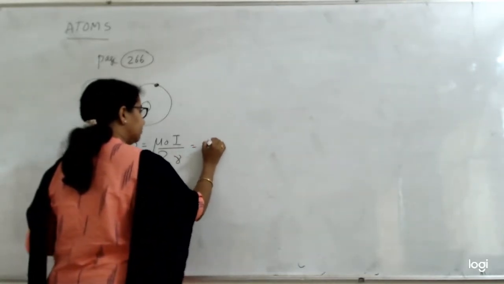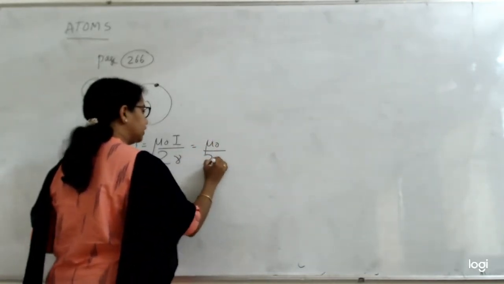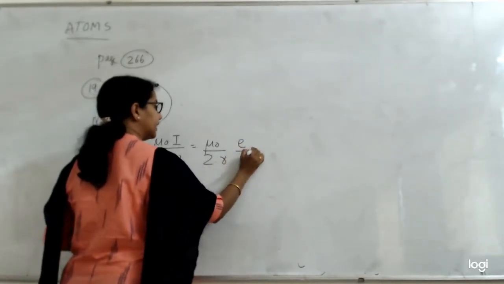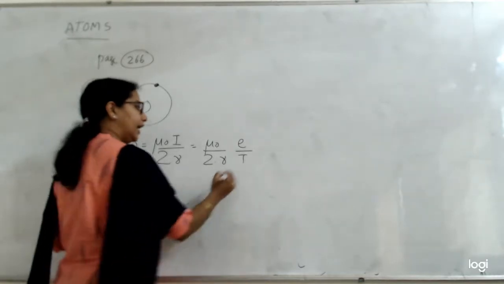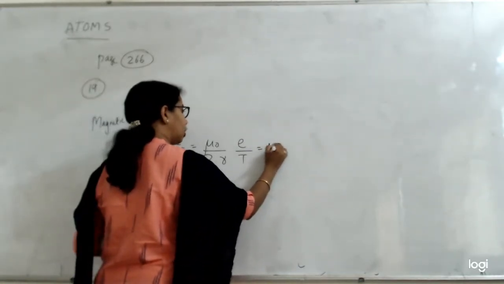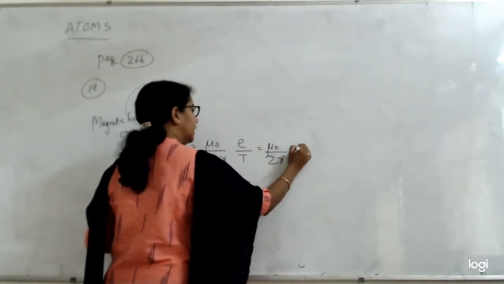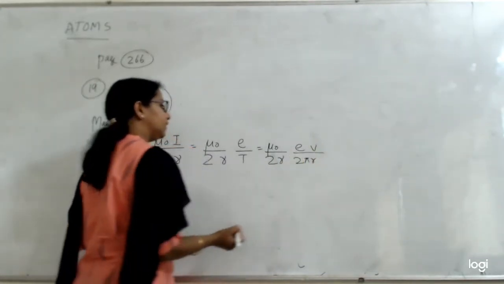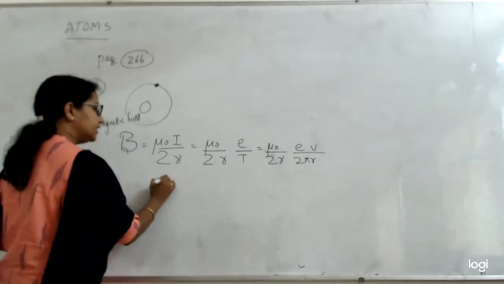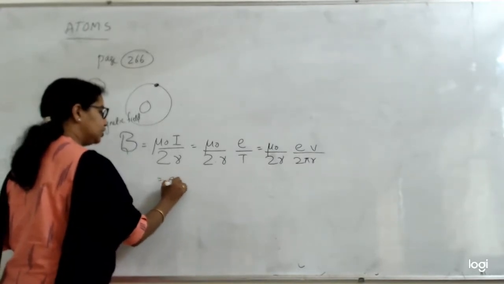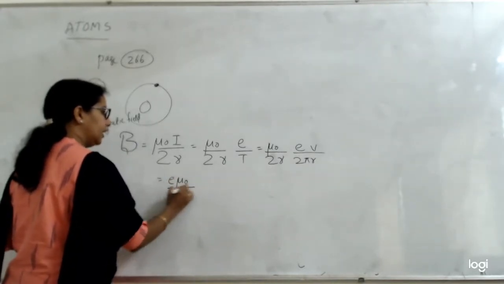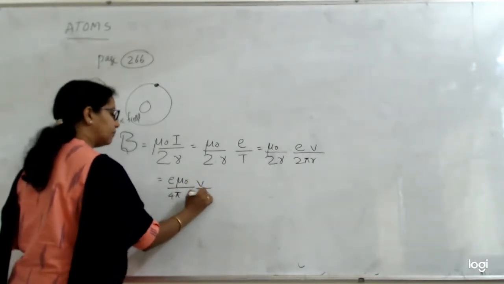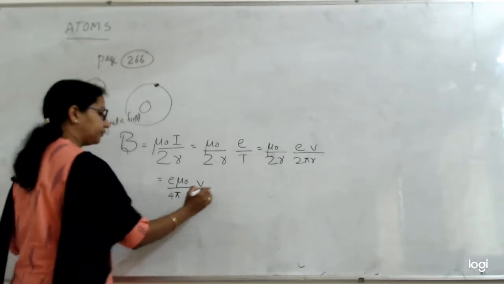That is mu naught by 2r into I, which I can write as E by T. Again I can rewrite it as mu naught by 2r into E by 2 pi r into V. V will go up. So this equation I can write as 2E mu naught by 4 pi into V by r square.